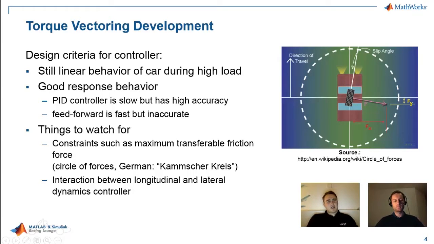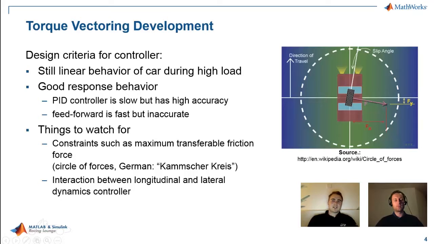Okay. As with every controller structure, you have to define a design criterion or a goal for your controller, because without a goal, you cannot achieve something. Yes, and for us, this is a still linear behavior of the car during high loads. This means that if you're driving very fast through a curve, you also want to have a linear behavior of the car.